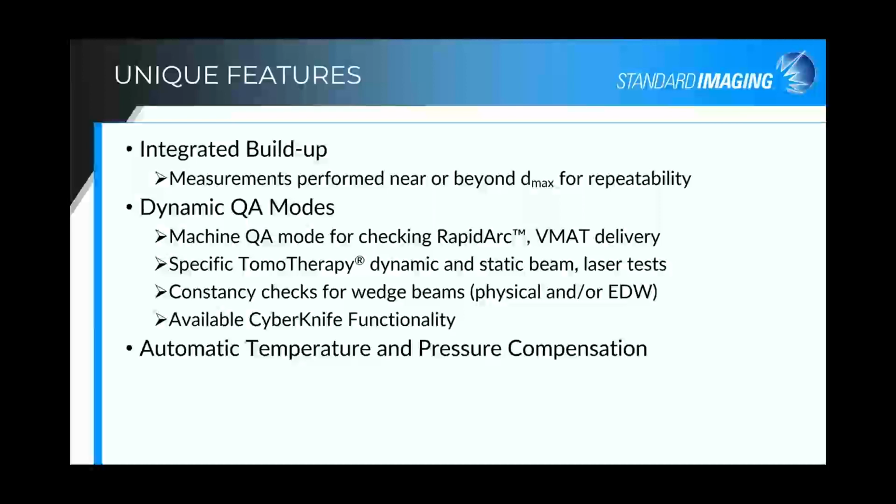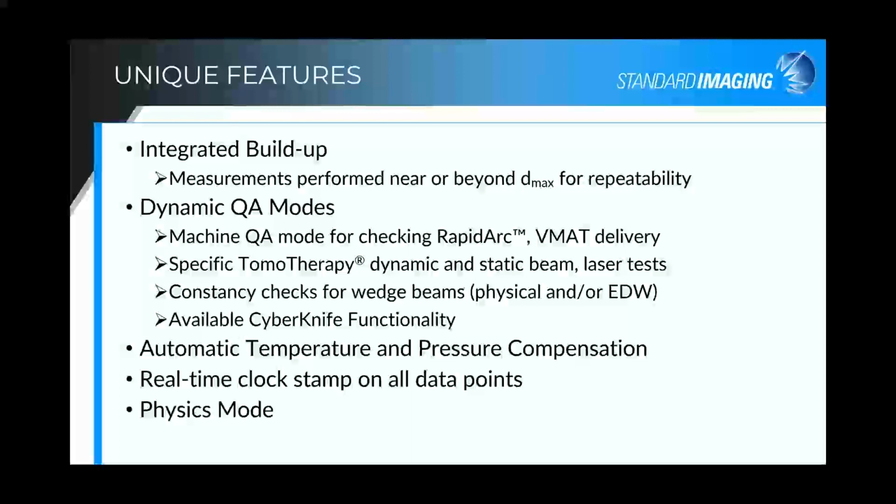We have automatic temperature and pressure correction built into the unit itself. Real-time clock stamp on all data points, so you get a day, date, and time for any measurements that are done. Then we also have what we call physics mode, and the physics mode just gives you some broadened capabilities.